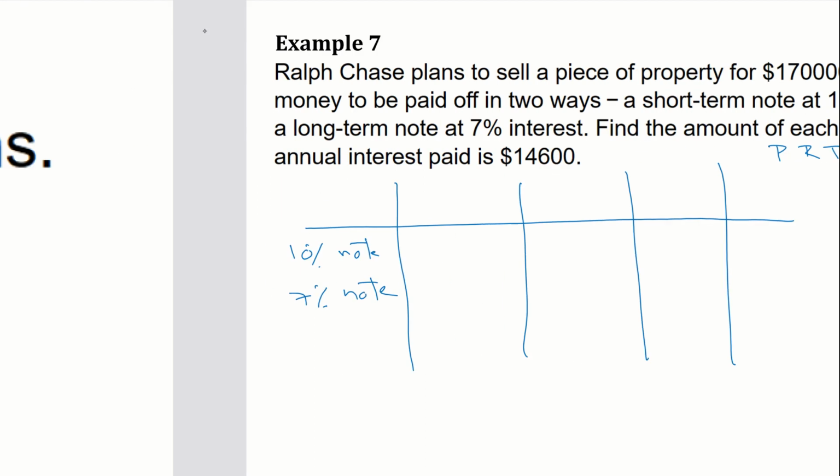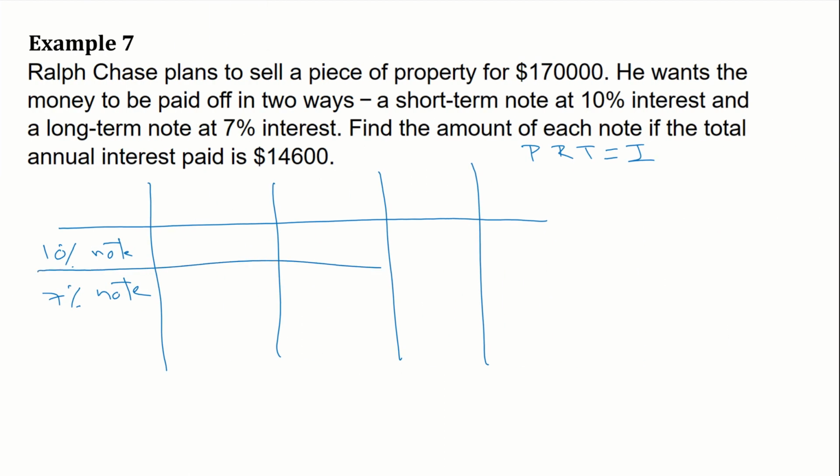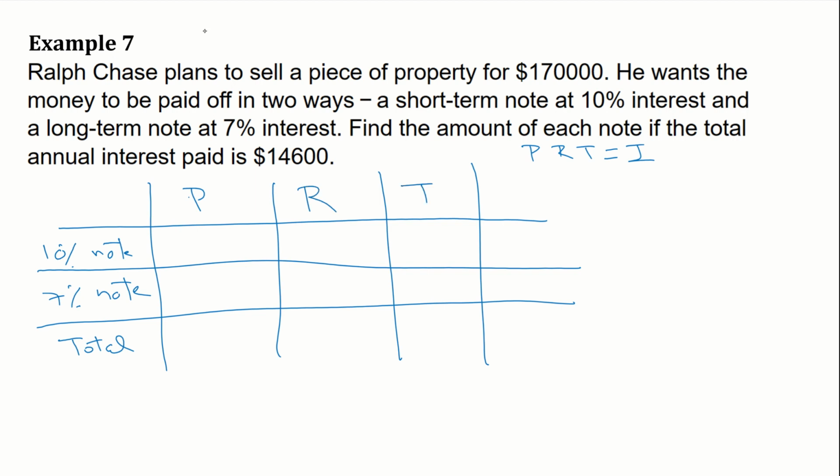In this particular problem, some of the columns make sense to talk about a total as well, so we'll add that row as well. So we have P, R, T, I.